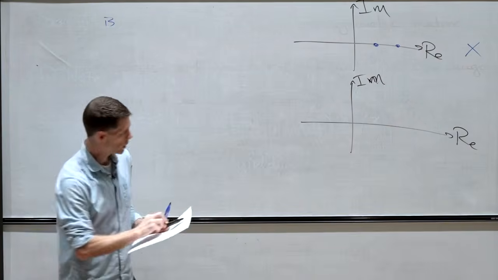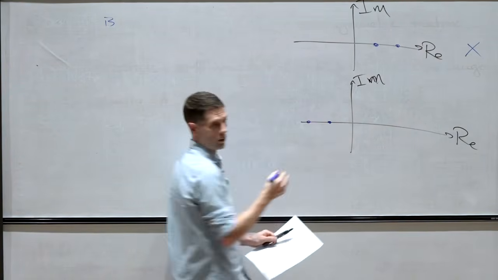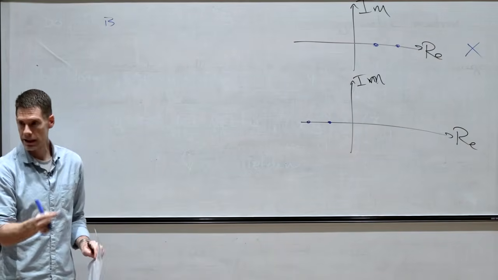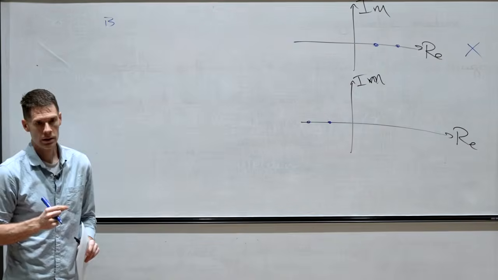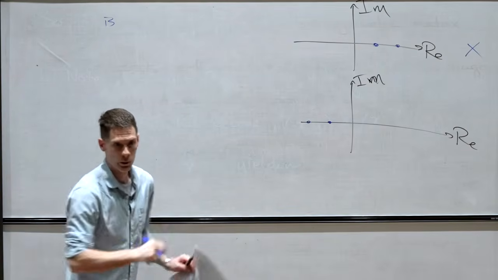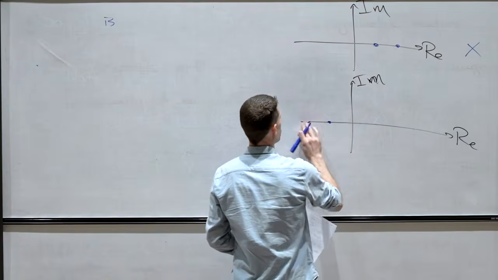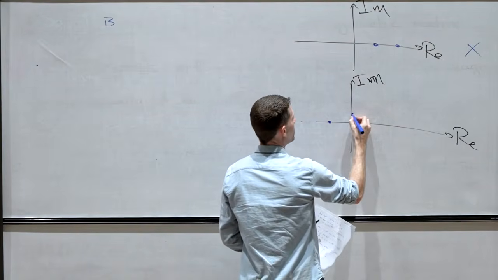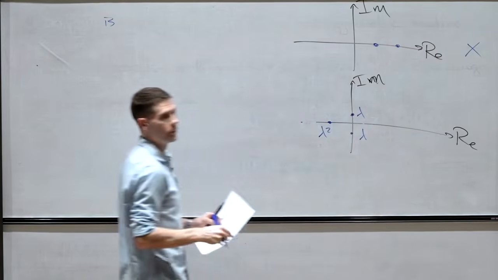The only scenario that works is if my lambda squareds are both negative and real, because the square root of a negative gives me an imaginary number. In this angle-cutting-in-half picture, that's lambda squared, and lambda goes here and here.